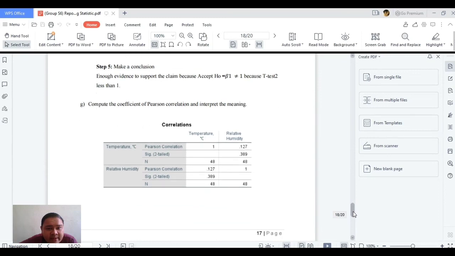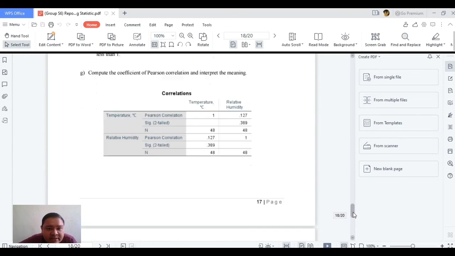Compute the coefficient of Pearson correlation and interpret the meaning. Okay, so in the correlations table, temperature Pearson correlation 1, relative humidity 0.217, sigma total 0, and relative humidity 0.389, temperature and number of samples also 48. Relative humidity Pearson correlation 0.127, 1, sigma total, temperature 3.89, relative humidity 0.